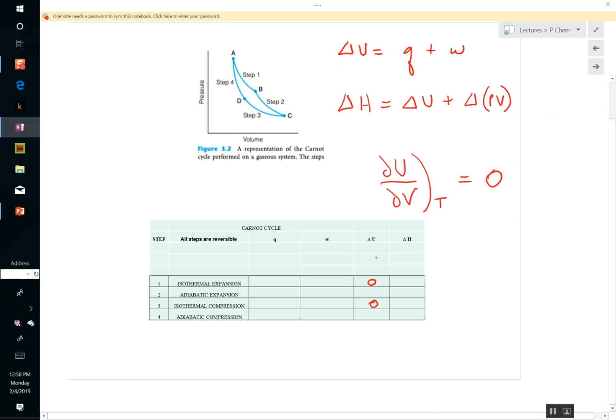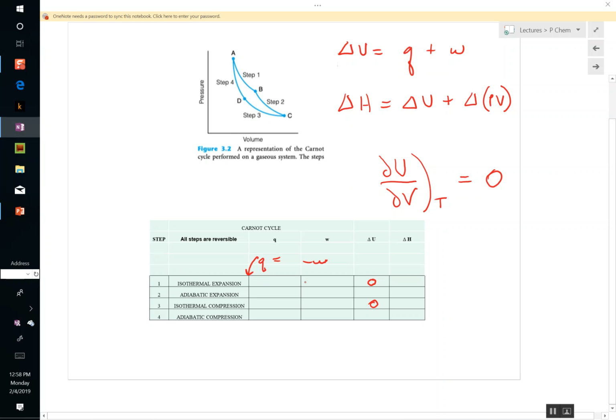Okay, now if delta U equals 0, and delta U is Q plus W, what does that mean for this isothermal expansion? What can we say about Q and W? Negative work, that's expanding. Yeah, so for this first step, Q equals negative W. Step 1.